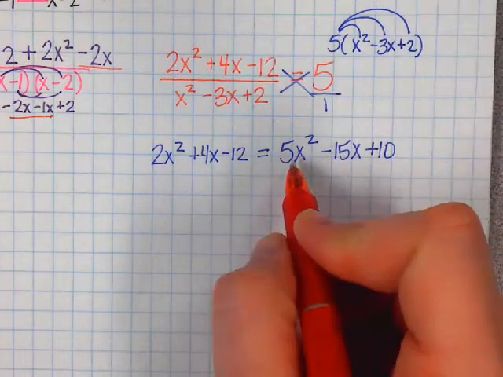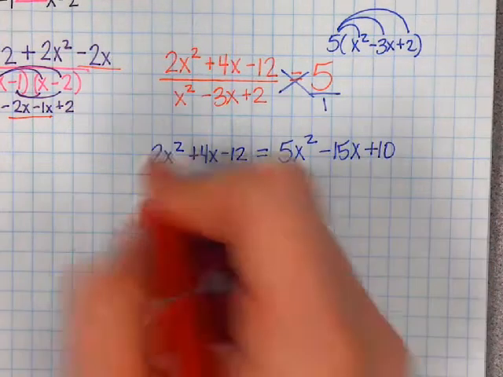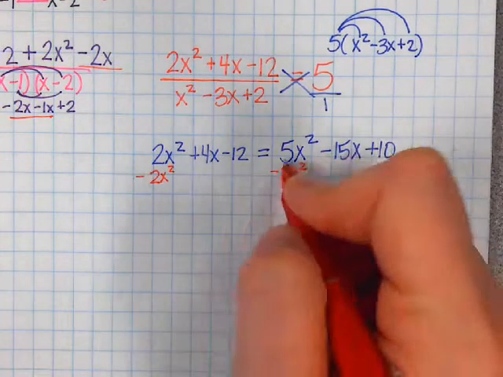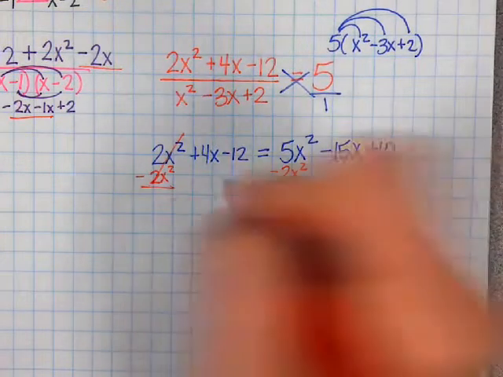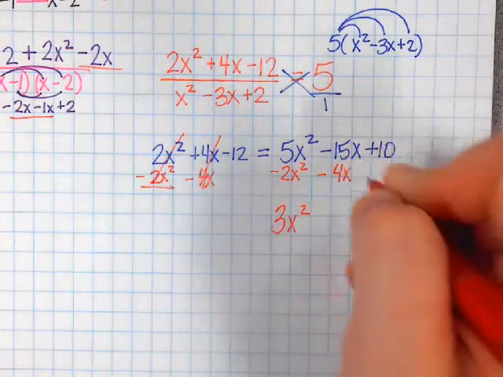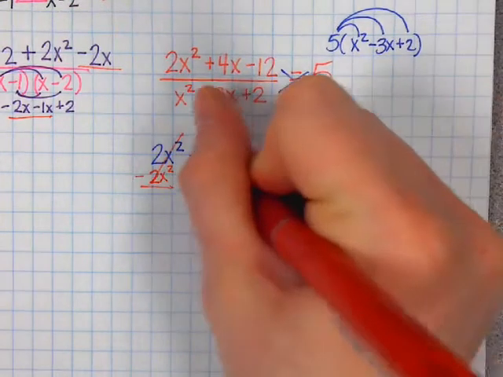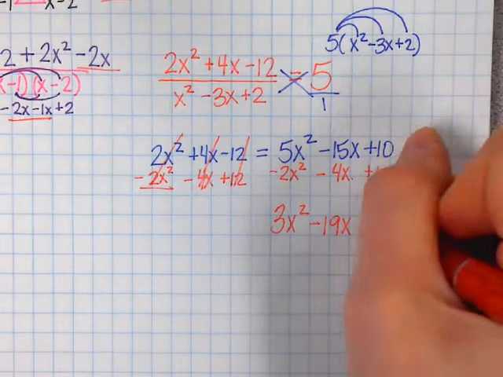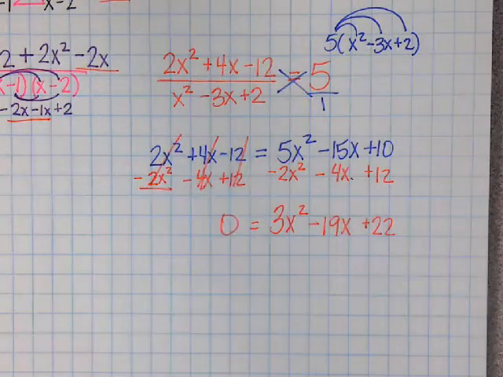So what you need to do first is get everything on the same side, all set equal to 0. Since this is a 5x squared and it's larger, I'm going to move everything to that side. So 5x squared minus 2x squared, that would be 3x squared. Remove the 4x. Negative 15 minus 4x would be negative 19x. Add the 12, add the 12. 10 plus 12 is 22. Equals 0.